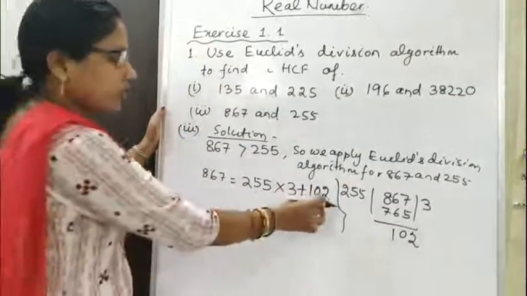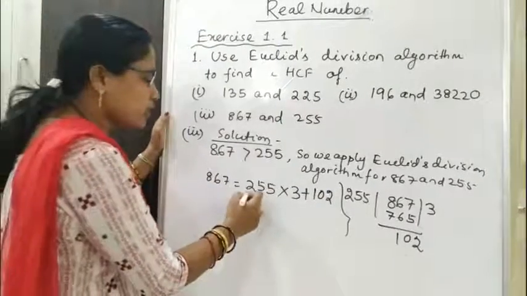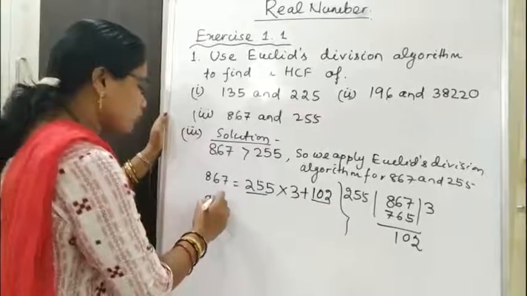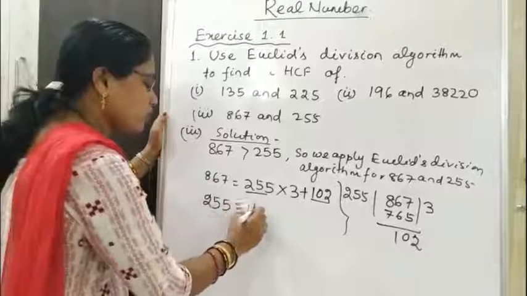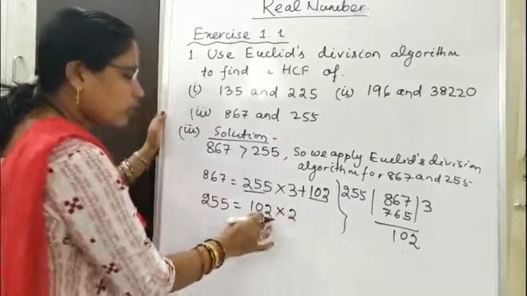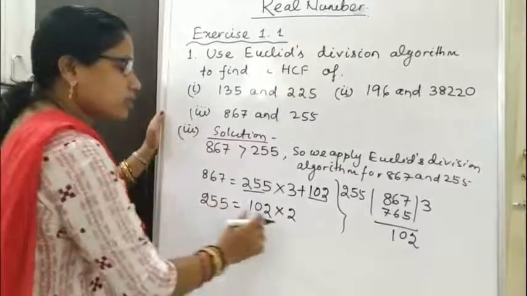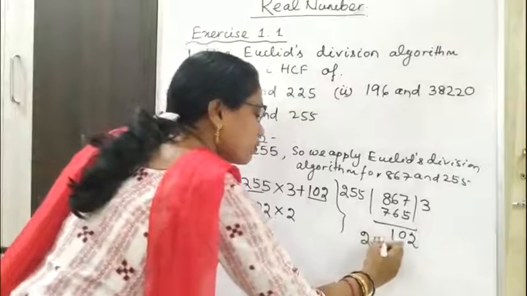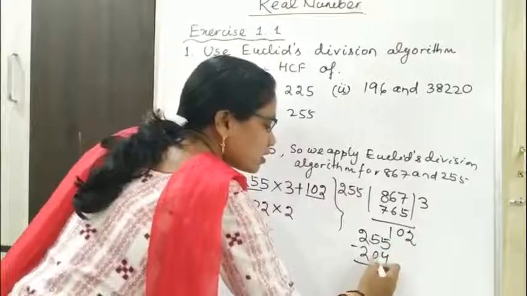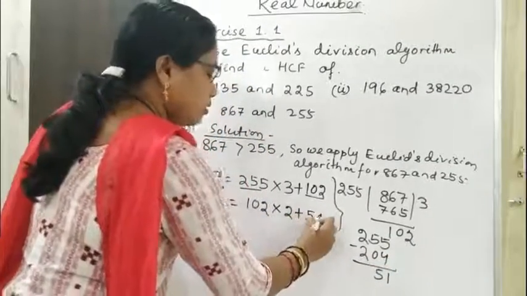Again the remainder is not equal to 0, so we continue this process by taking 255 and 102. So 255 is equal to 102 into 2 plus the remainder. 102 into 2 is 204, so we subtract 255 minus 204, which becomes 51.